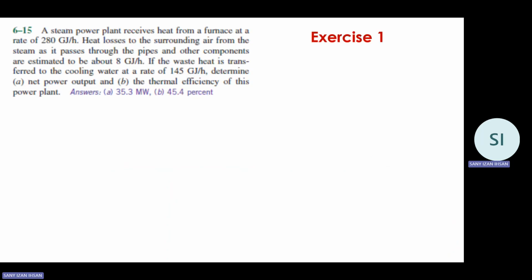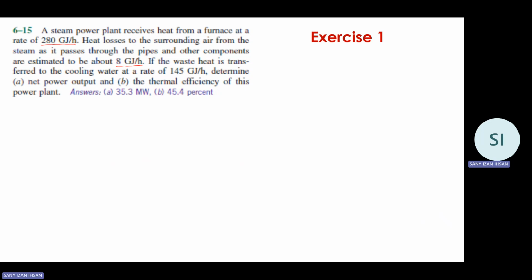Let's try this problem. A steam power plant receives heat from a furnace at a rate of 280 gigajoule per hour. Heat losses to the surrounding air from the steam as it passes through the pipes and other components are estimated to be around 8 gigajoule per hour.